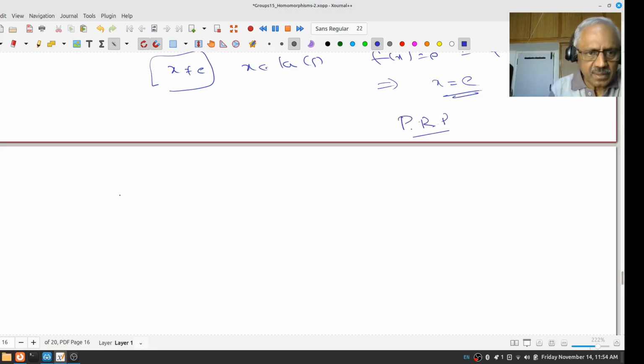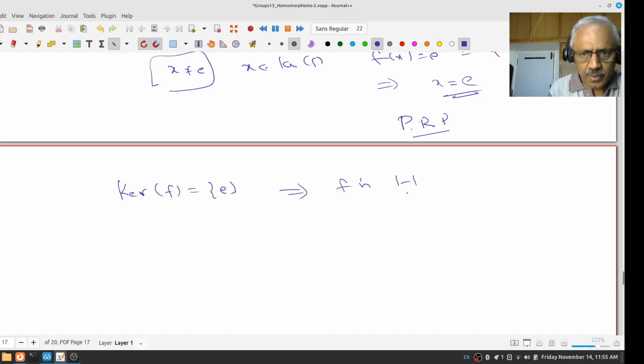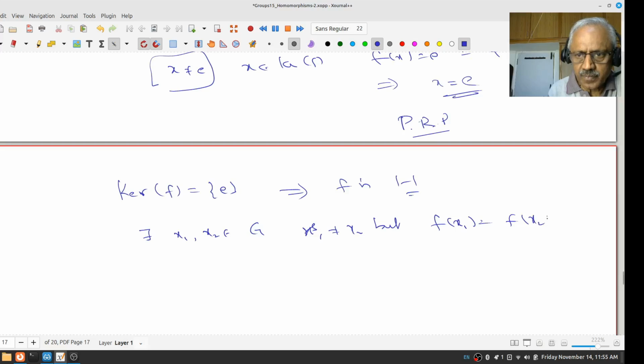Conversely, suppose kernel of f consists of only the singleton. Then we want to prove f is 1-1. This is what we proved earlier. Do you remember? If f is not 1-1, there exist x1, x2 in G, x1 not equal to x2, but f of x1 equals f of x2.